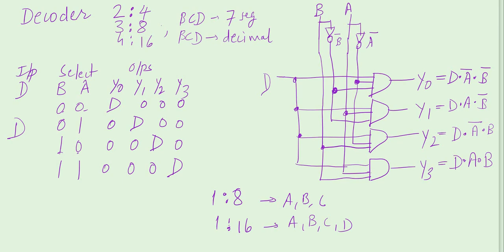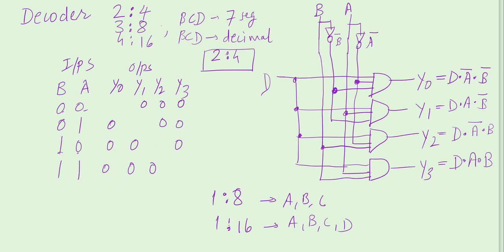Now let us consider first the 2 to 4 line decoder. So if we consider 2 to 4 line decoder, then there will be 2 inputs and 4 outputs. So the same demultiplexer circuit, if we call A and B inputs instead of select lines, then the outputs are either 0 or 1.